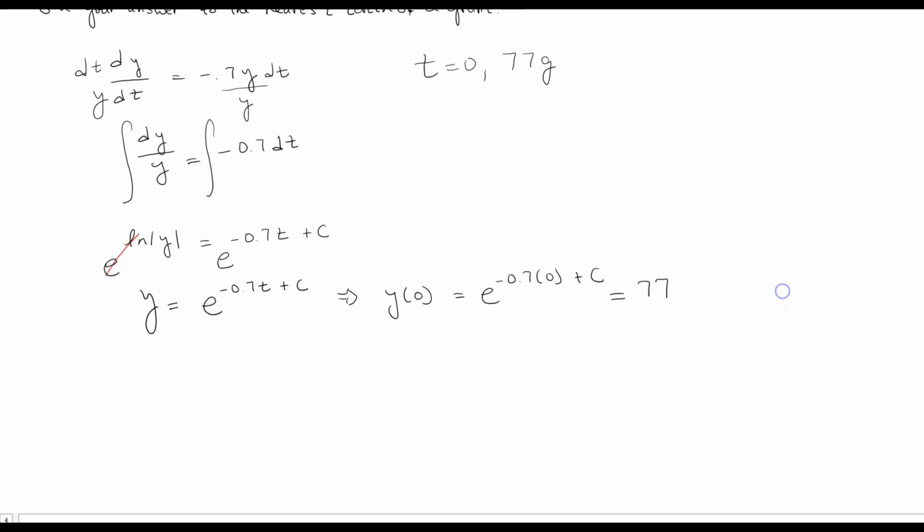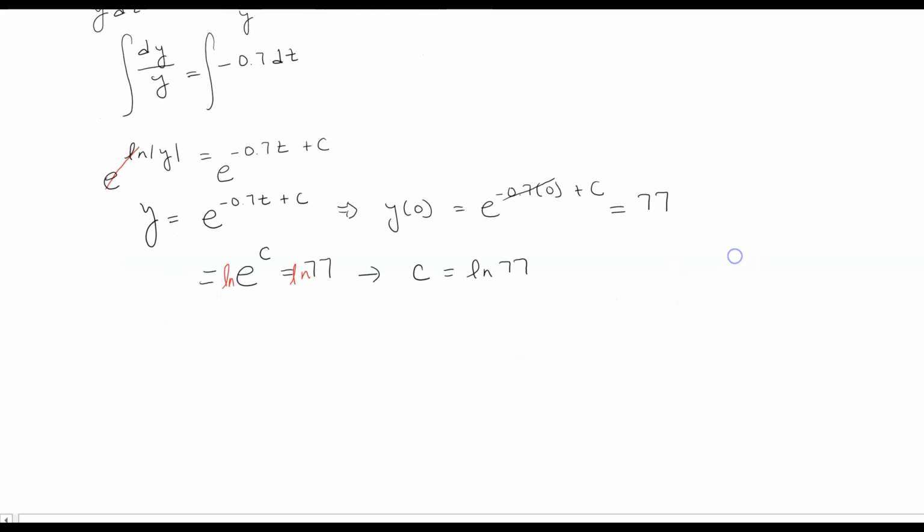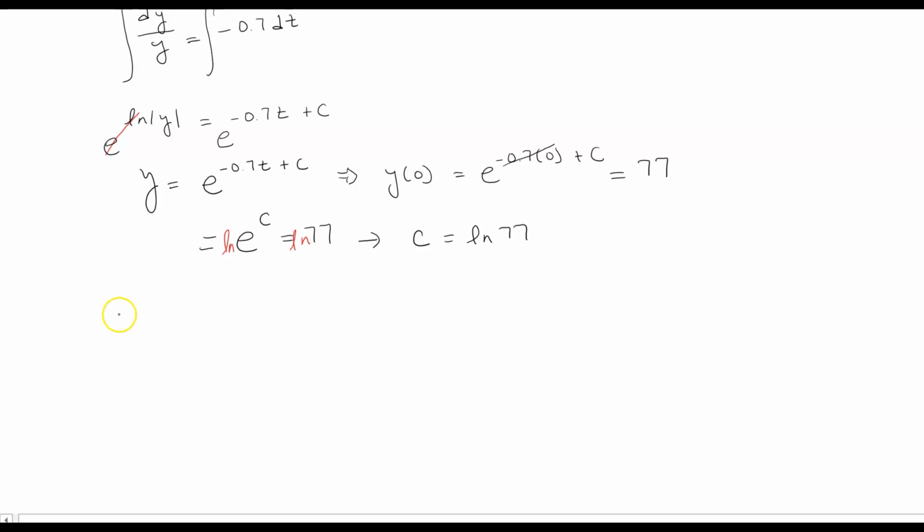The 0 eliminates itself, and I end up with e to the power c equals 77. To solve this, I take the natural log of both sides. That gives my constant c as the natural log of 77, and I think we're just going to leave it like that. Now I have obtained my solution: y equals e to the negative 0.7t plus the natural log of 77.